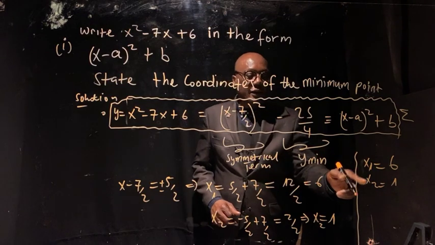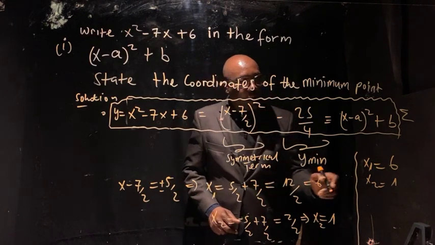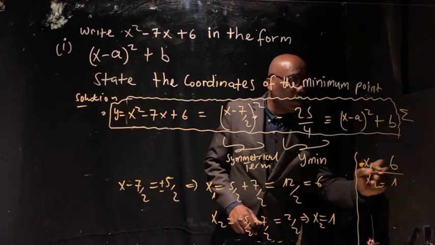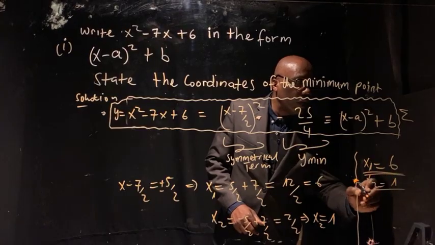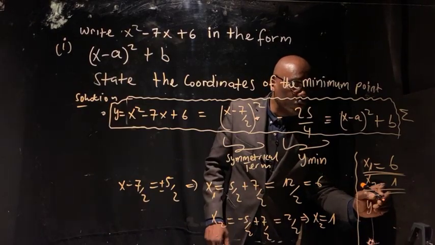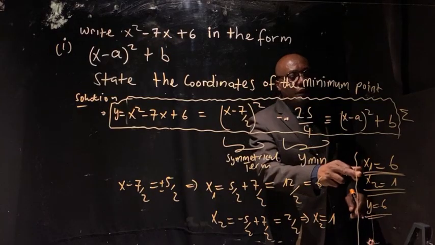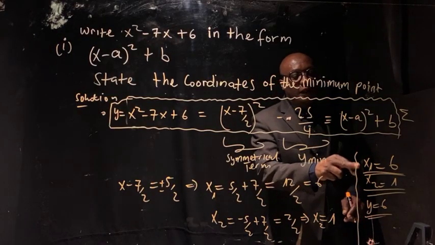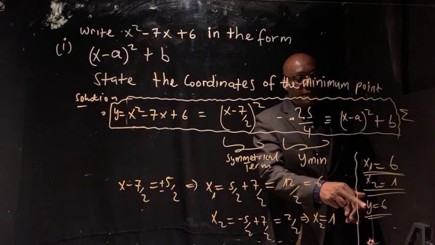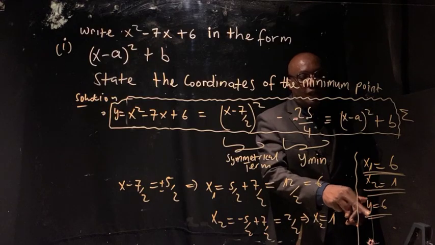These are the x-axis intercepts. But remember, the y-axis intercept was y equals 6. So x1 and x2 are the x-axis intercepts, and y equals 6 is the y-axis intercept.